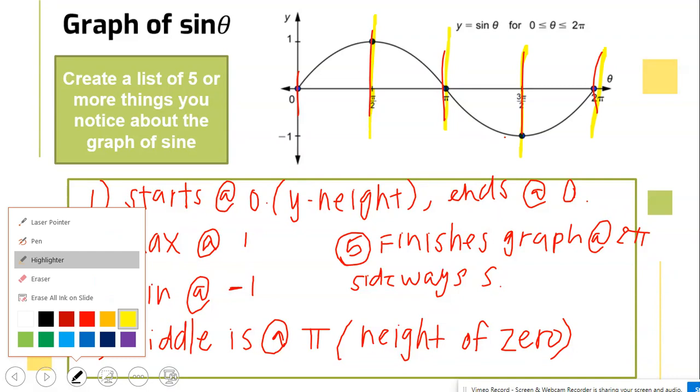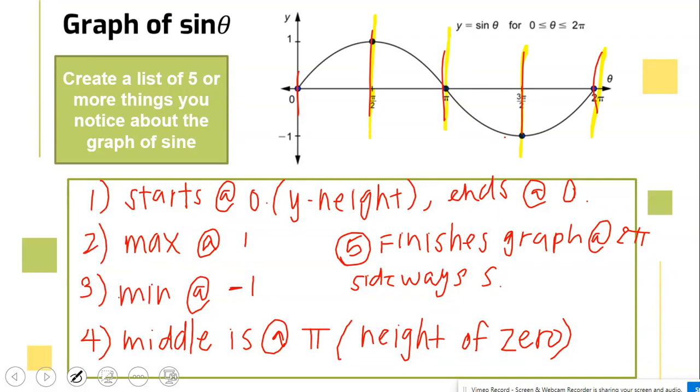When you have pi over 2, that's the coordinate 0, 1. At pi, that coordinate was -1, 0. At 3 pi over 2, that was 0, -1. And at 2 pi, that was 1, 0. Even here, starting at 0, that's 1, 0.